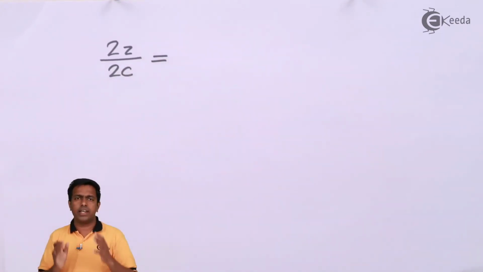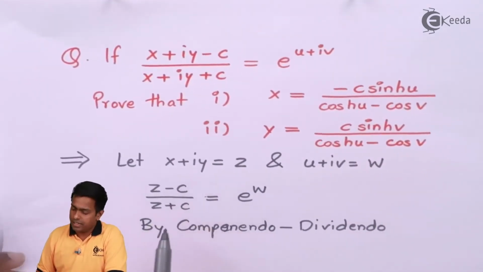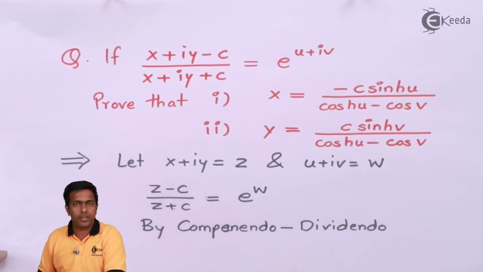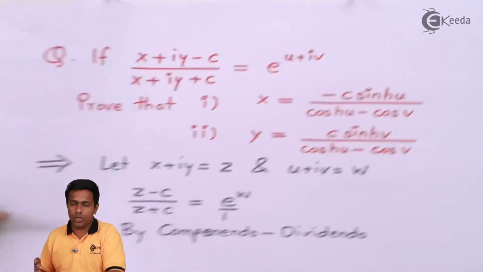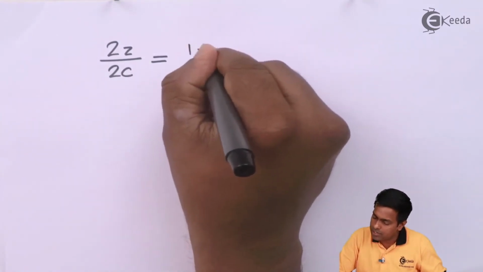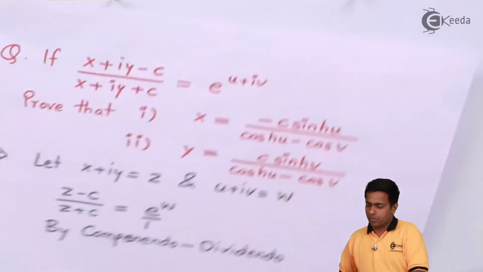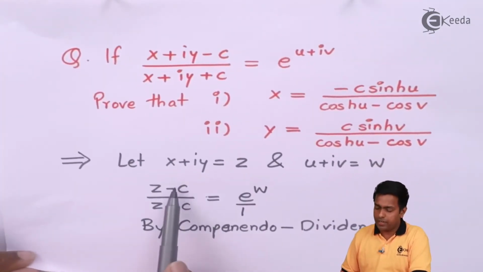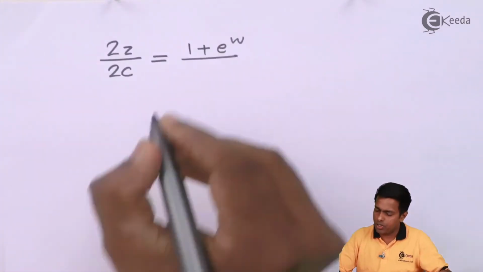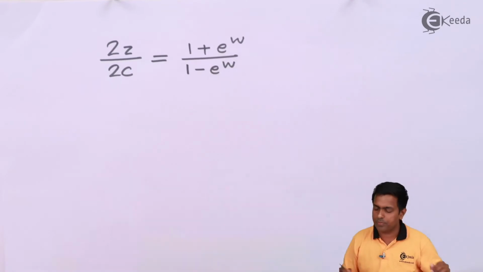Whatever I did on the left hand side, I will do the same process on the right hand side. So I have added the denominator to the numerator. Here the denominator is 1, and we'll add that denominator to the numerator. So we will get 1 + e to the power w upon, what we did, we subtracted the numerator from the denominator, so the denominator is 1 - e to the power w.